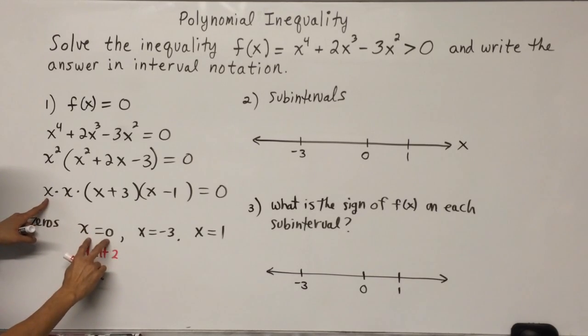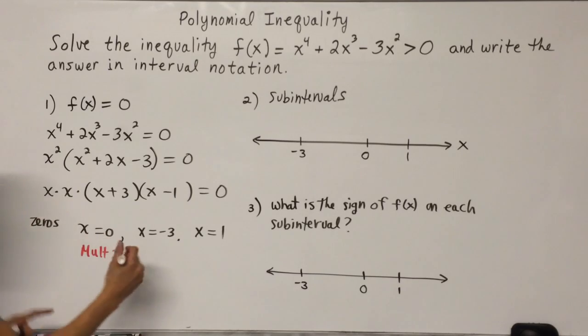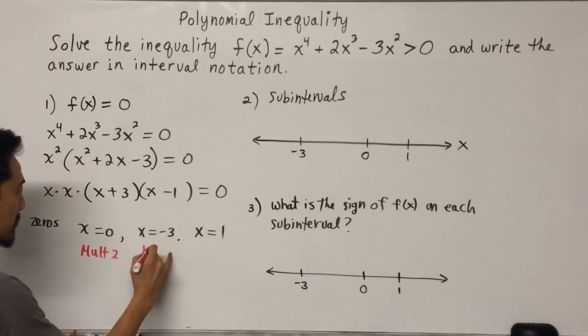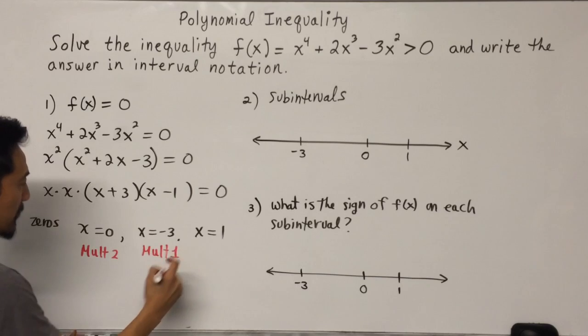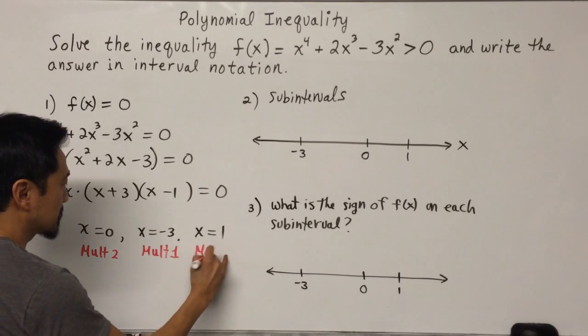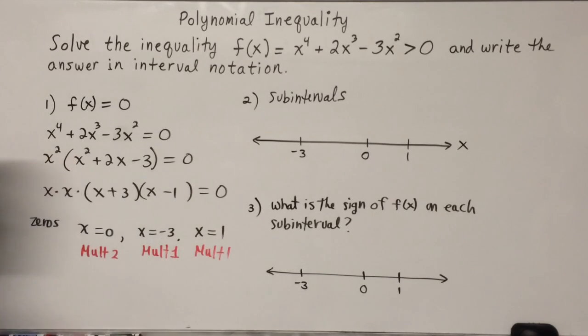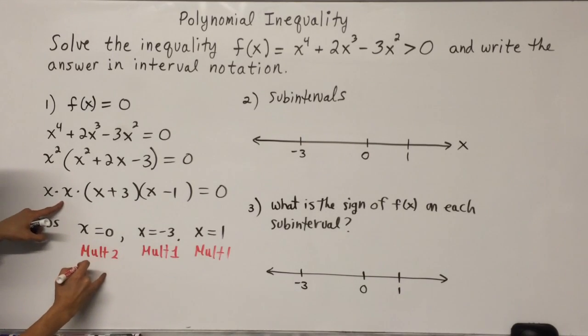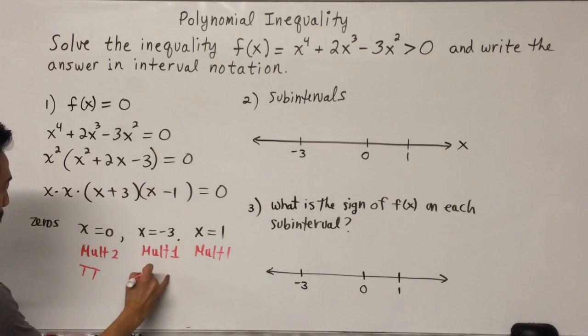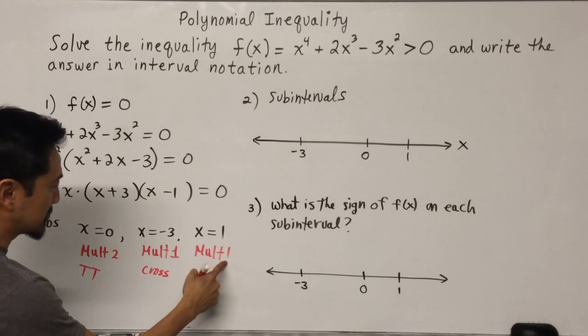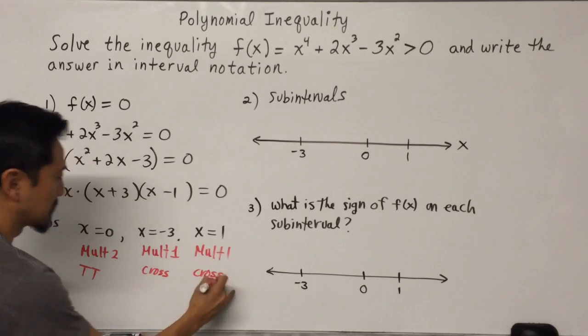Because really this equation produces x equals 0 twice. And this negative 3 is a multiplicity of 1. And this has a multiplicity of 1. So that means that at 0, 0, we're going to be touching and turning. At negative 3, 0, we're going to cross. And at 1, 0, we're going to also cross.